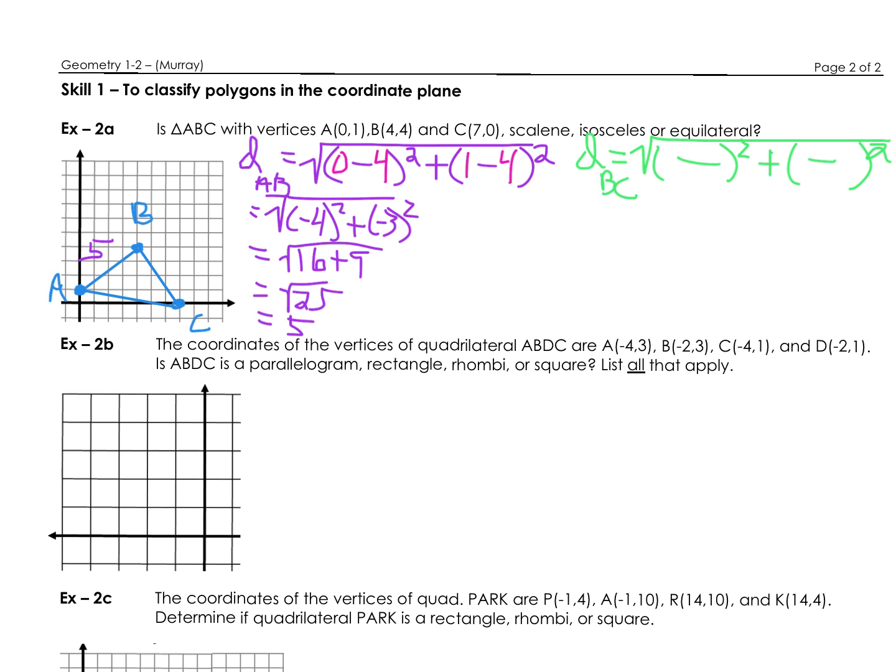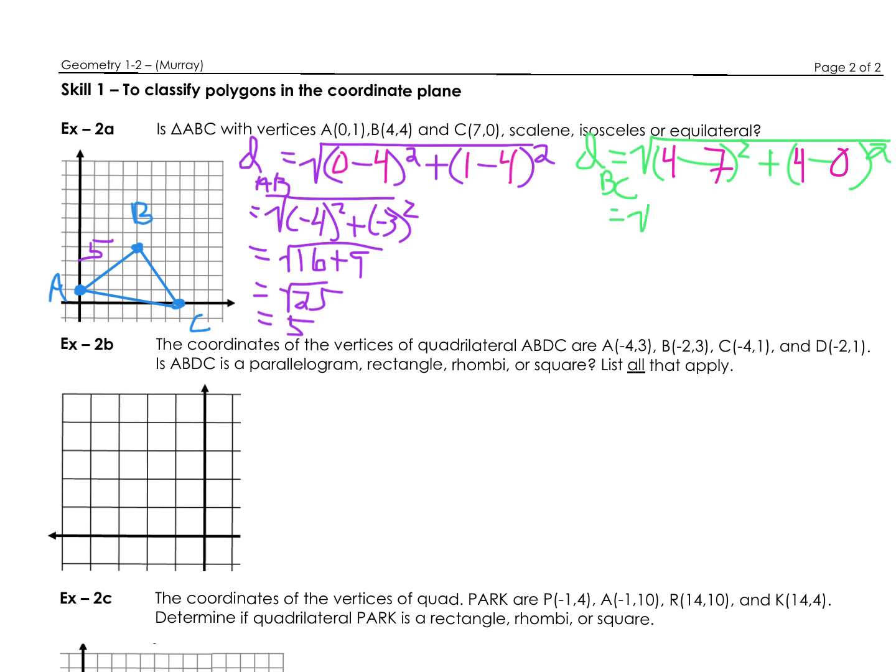So for B and C, so here's B and C, my x's are 4 and 7. So I have 4 and 7. And then my y's for B and C are 4 and 0. So 4 and 0.